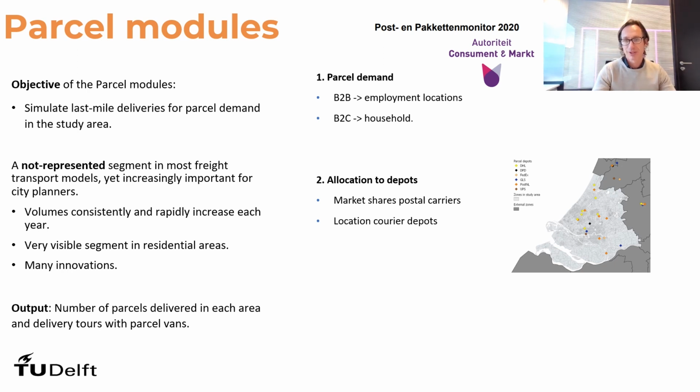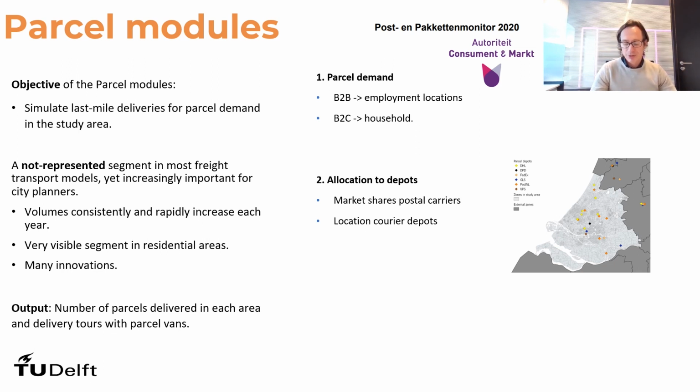There are 6 different ones, like PostNL, which is a big one, DPD, DHL, and using their market shares, we use Monte Carlo simulation to allocate each parcel to an individual carrier. If we know the carrier, we assume that the delivery of this parcel will take place from the nearest depot. We think this is a fair assumption because each carrier will optimize their operations to do the delivery from the nearest depot, of course.